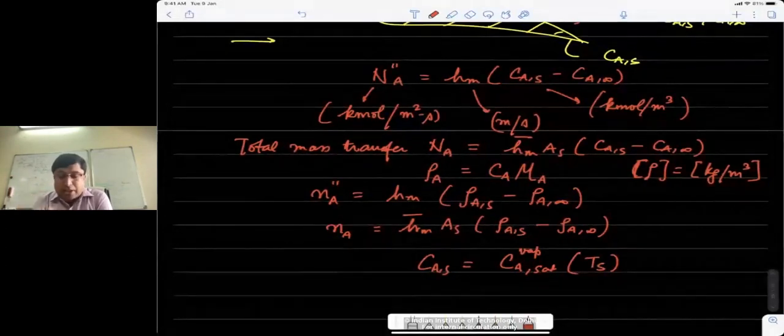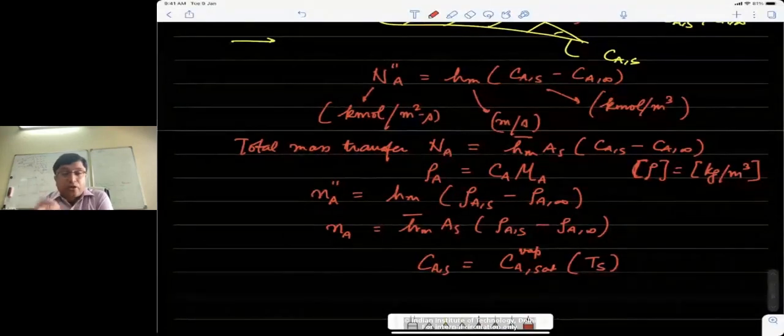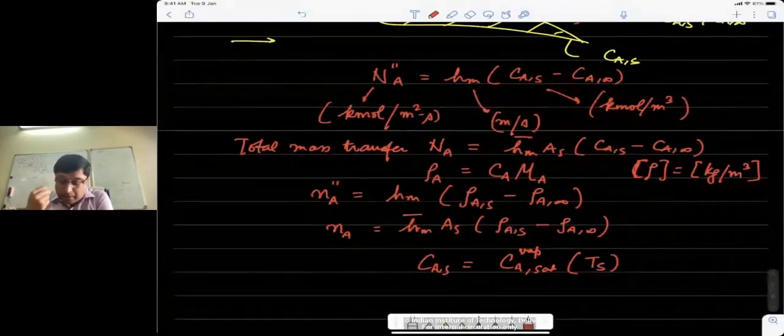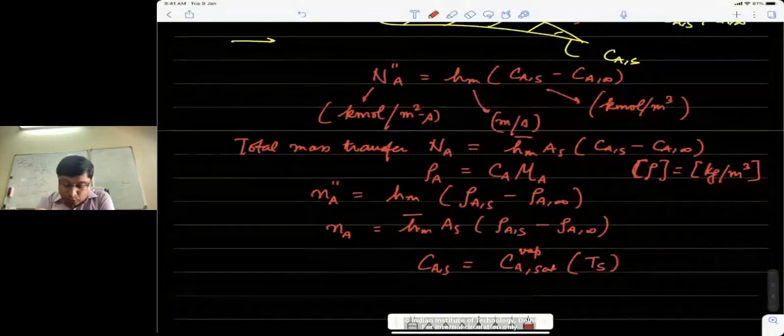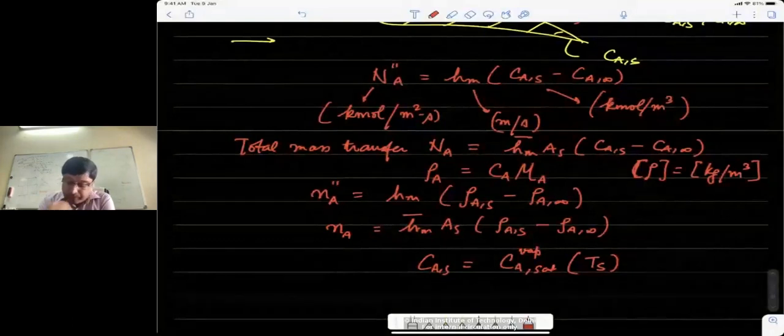So water also tends to evaporate, and it evaporates at the saturated condition. So the water temperature governs the saturation condition, and the vapor density, which you can get from the thermodynamic tables, would be used to dictate what would be CAS or rho As.